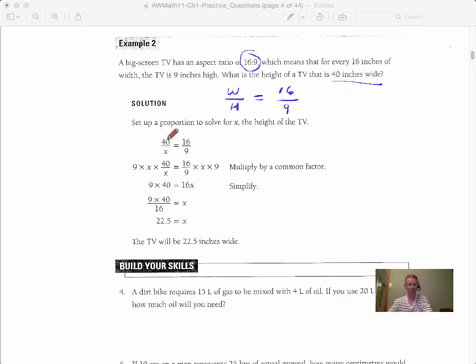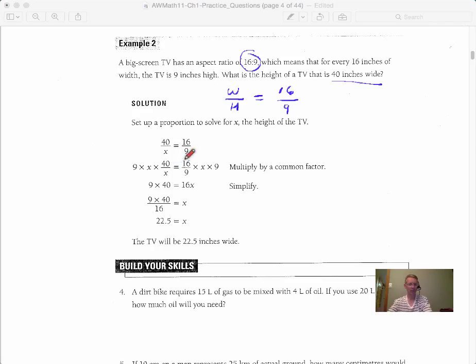So 40 to something, they're calling it x here. But we know it's the same ratio as the one they've given us, 16 to 9. So 40 to x, whatever the height is, is the same as 16 to 9. We've got to calculate x here. There are different ways to do this. Let's see what they're doing.